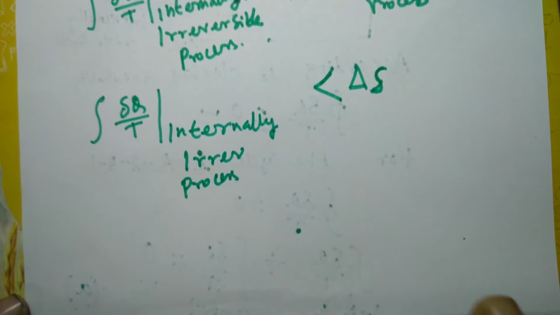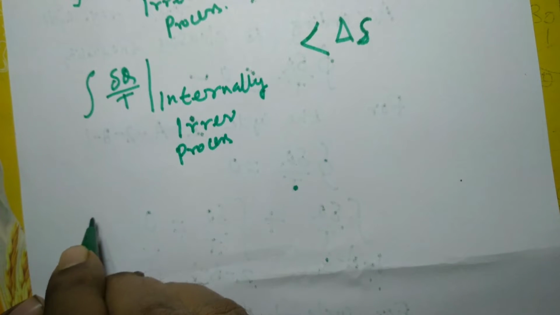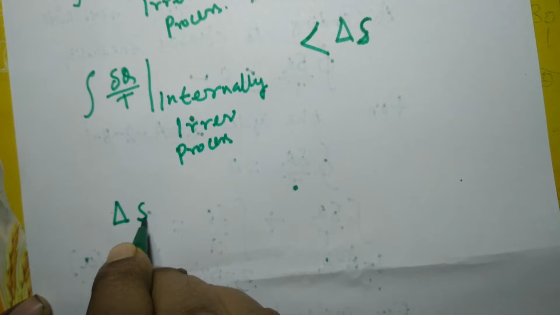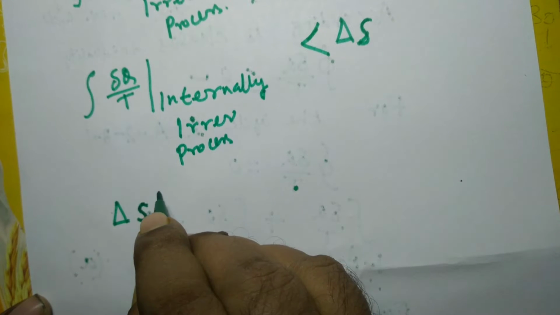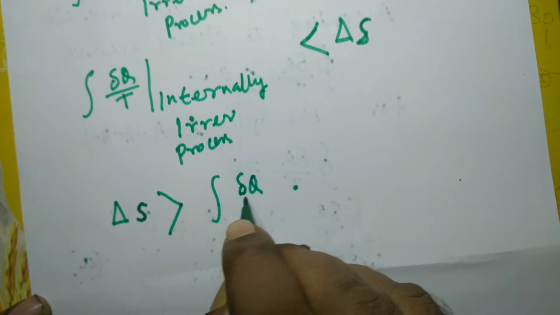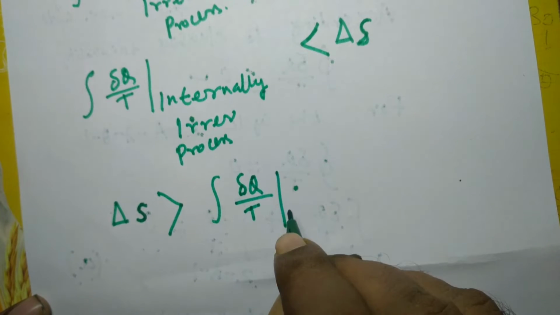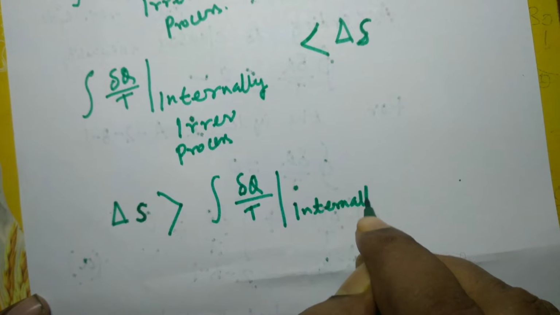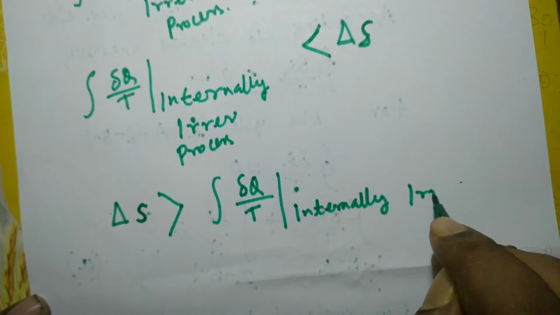So from this I can write delta S is greater than the integral of del Q by T for an internally irreversible process.